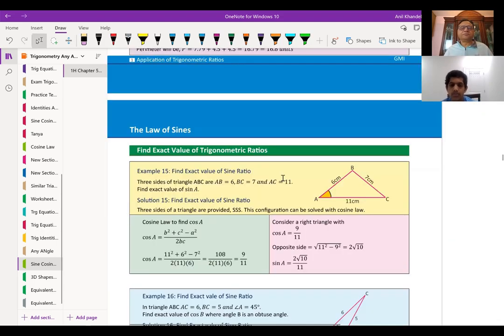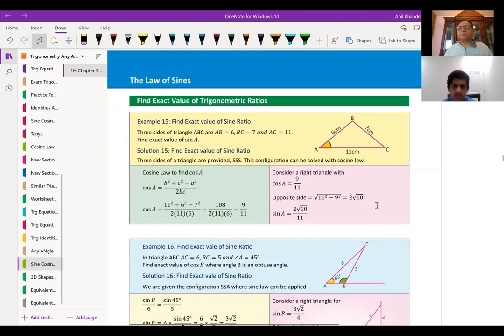Perfect. Now, here's a practice question for you.